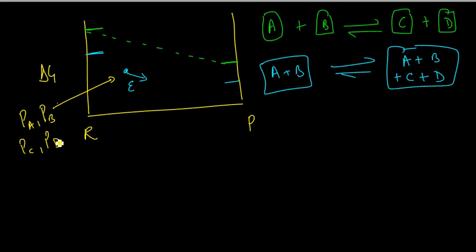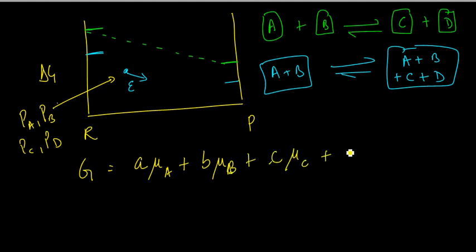And what I want now is to define the Gibbs free energy at that starting point. That Gibbs free energy is nothing but A times mu A plus B times mu B plus C times mu C plus D times mu D, right, to start with.